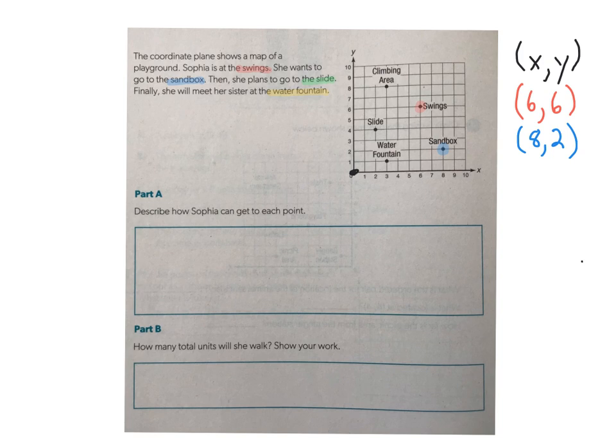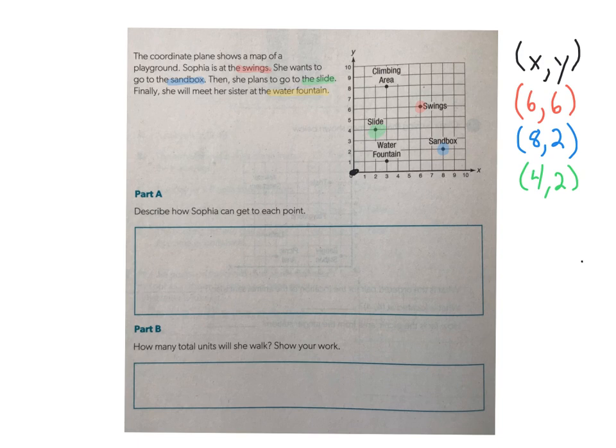From there, she's going to go to the slide located right here. We're going to move 2 on the x-axis and 4 on the y-axis to give us an ordered pair of 4, 2.